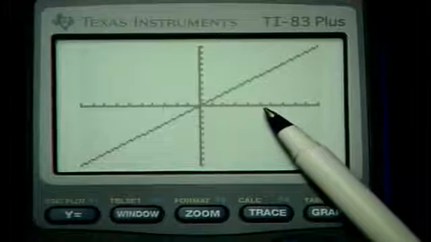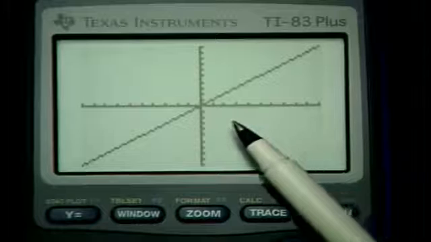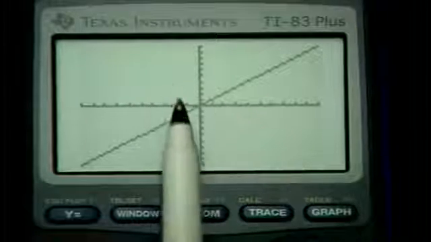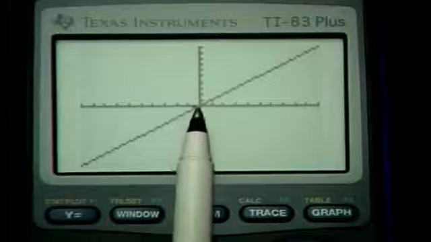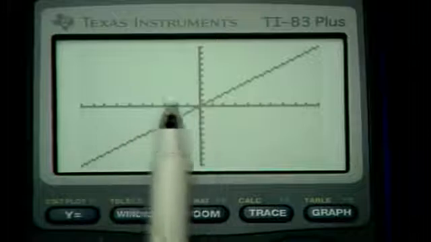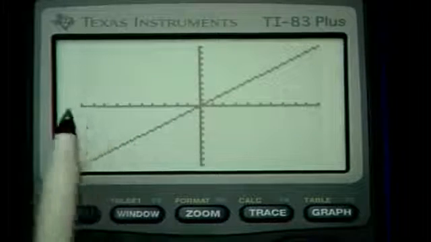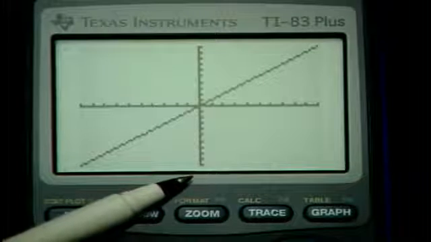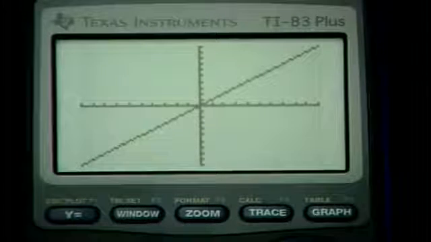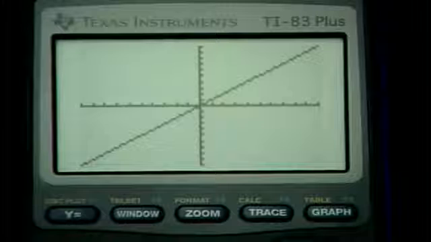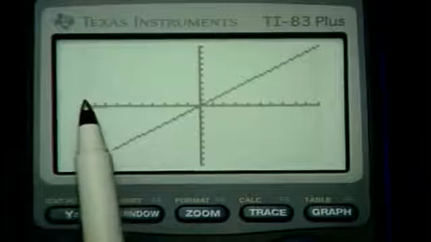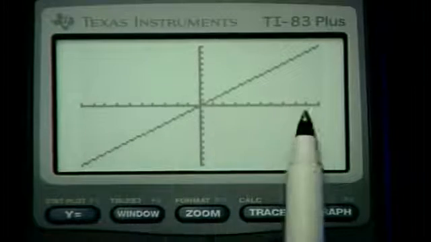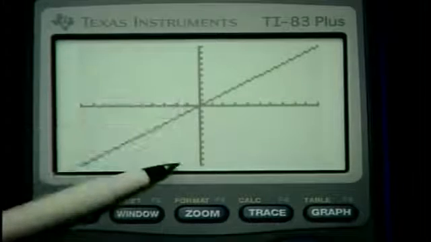And the reason that it's not, the reason that the graph seems to be squunched down a little bit, is that the default settings say for us to have the same distance left and right as we have up and down. You know, the X minimum and maximum are negative 10, 10. And for Y, negative 10, 10. So that means a total distance here of 20 and a total distance here of 20.